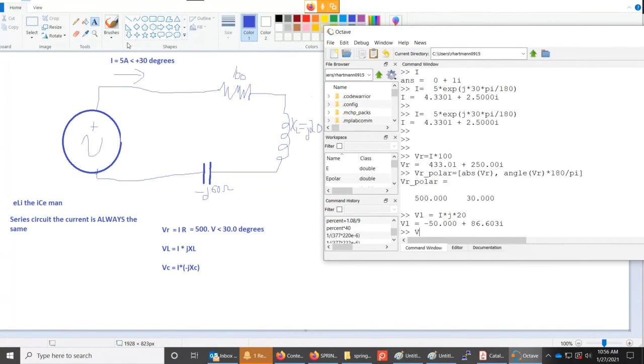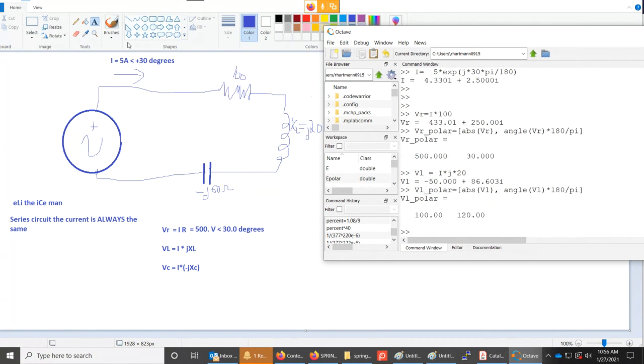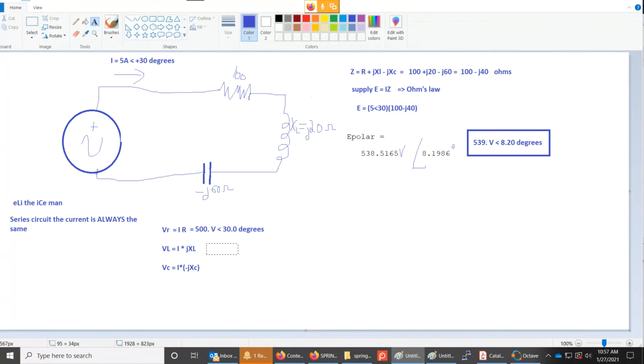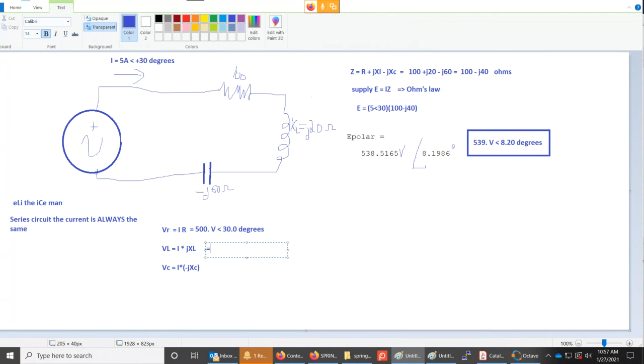So now I have to do VL polar to get it in polar form, which is 100 volts at an angle of 120 degrees. So this is going to be 100 period volts at an angle of 120 period degrees.